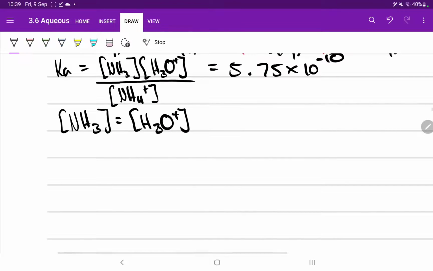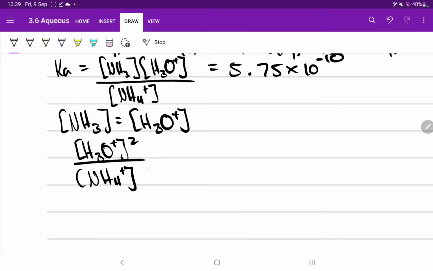So we can rewrite the expression as concentration of hydronium ions squared over the concentration of ammonium equals 5.75 times 10 to the negative 10.